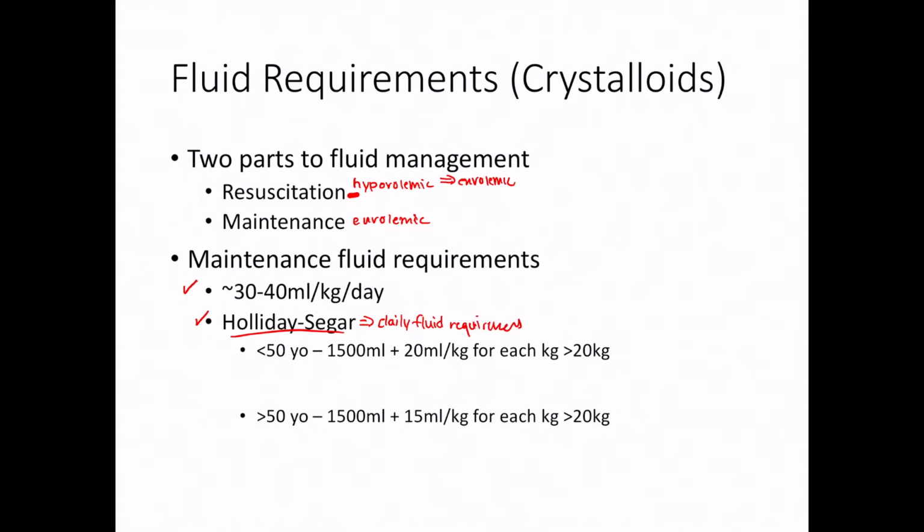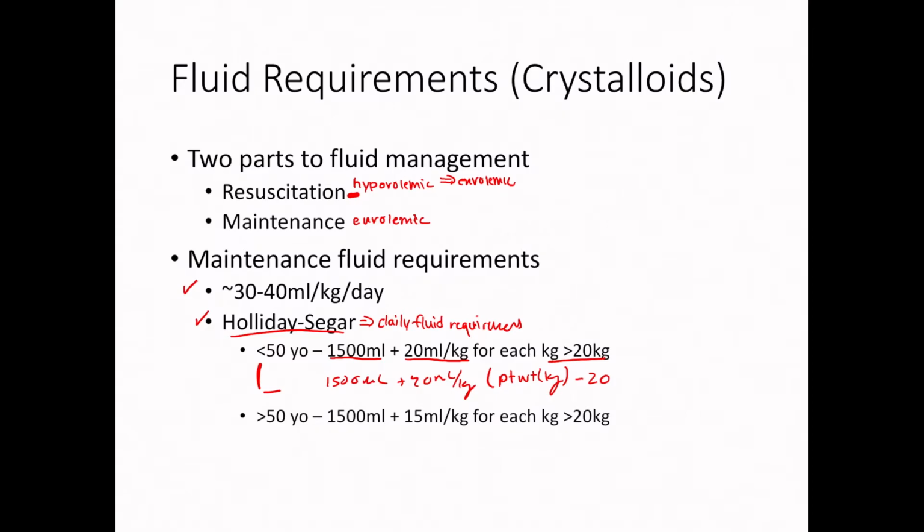So, if somebody is 50 years old or less than 50 years old, then we use the equation 1,500 milliliters plus 20 milliliters per kilogram for every kilogram over 20 kilograms. So you can just say this is 1,500 milliliters plus 20 milliliters per kilogram times the patient's weight in kilograms minus 20.